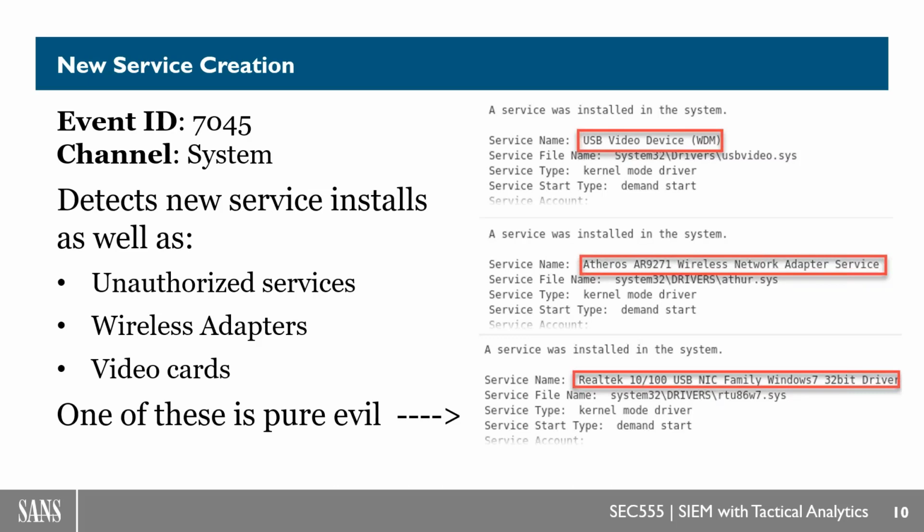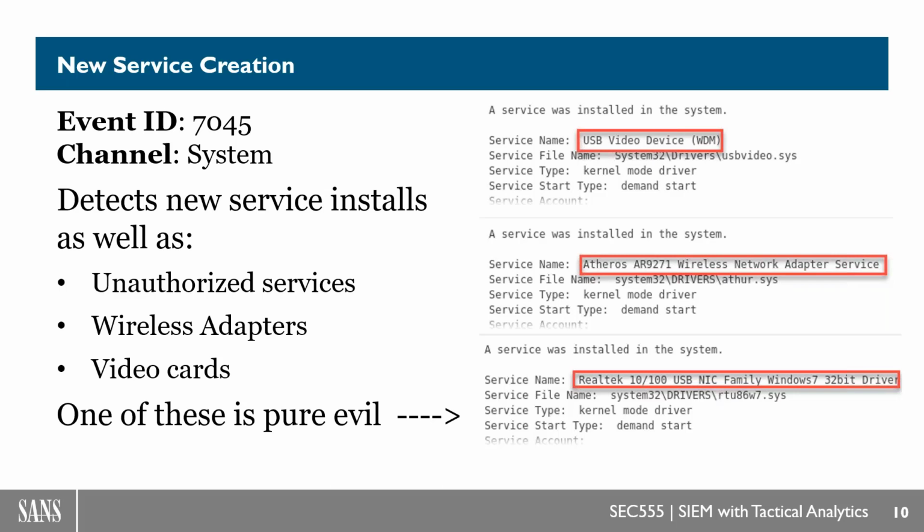Another really, really simple indicator of compromise is the creation of a new service. New services are good because they give us an opportunity to maintain persistence, and they also give us an opportunity to execute code as the local system user. It's an easy way to run code as system. In this case, we can see 3 different services being installed on the system in question.